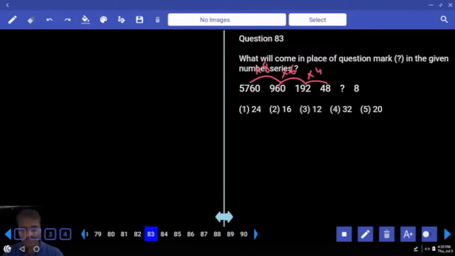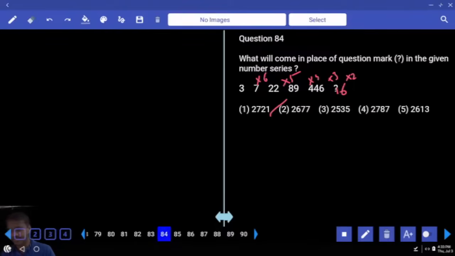Into 8. 8, 6, 4. Into 5 comes. Then 192. 192 into 5, 1920 by 5. Make it into 4. Now it is into 6. 6, 5, 4. Into 3. Into 2. 16. Now 16 joins 2.